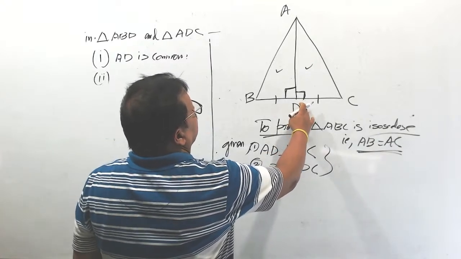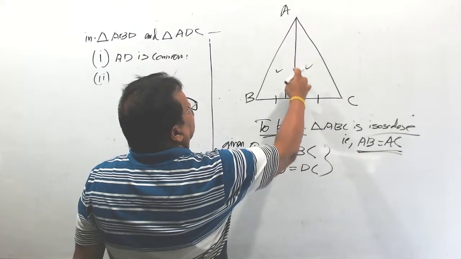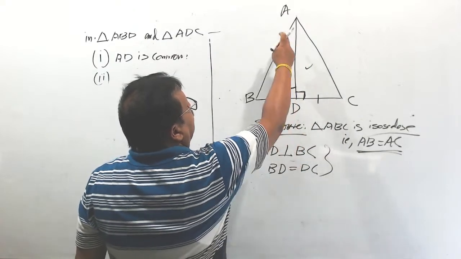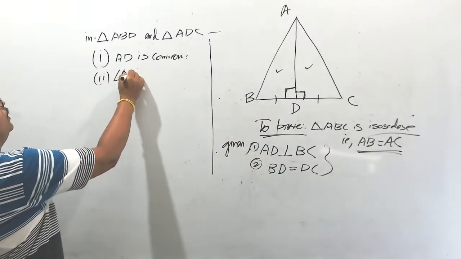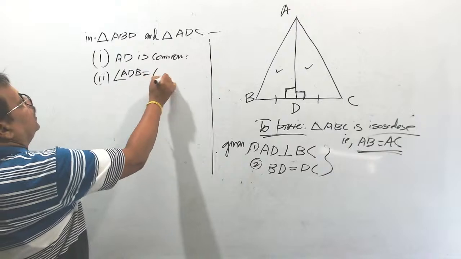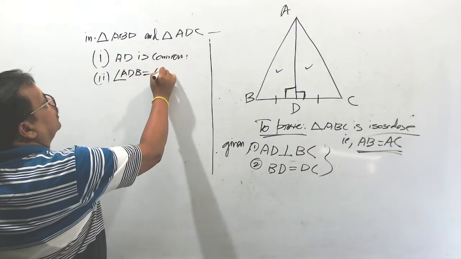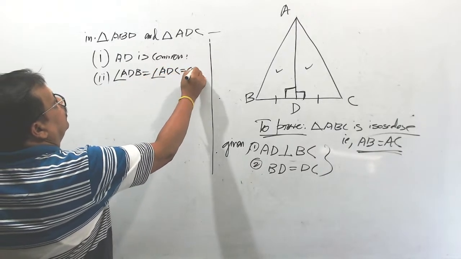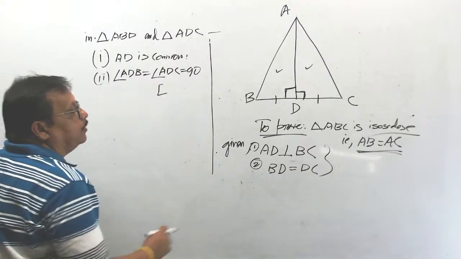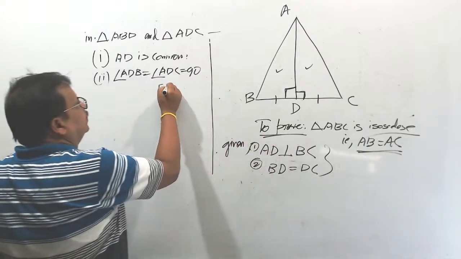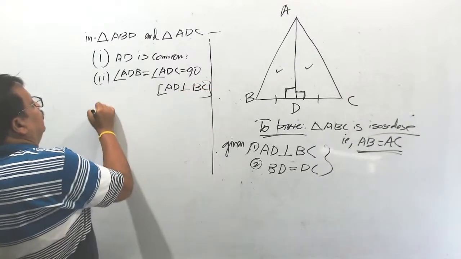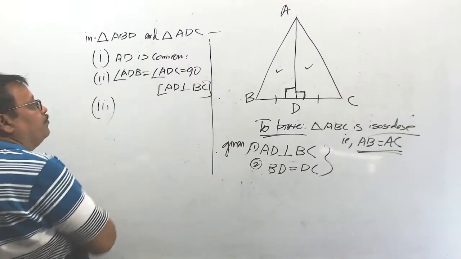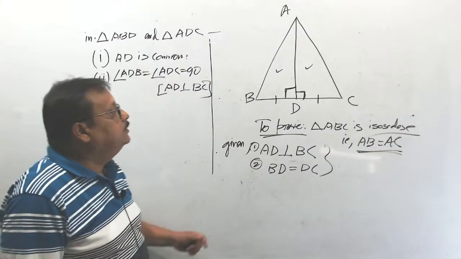And angle ADB equal to angle ADC equal to 90. What is the reason? AD perpendicular BC. This is given. What is number 3?